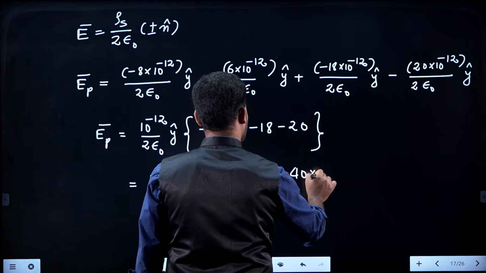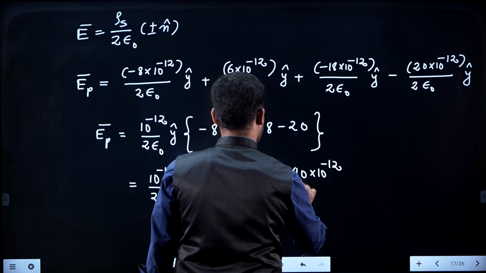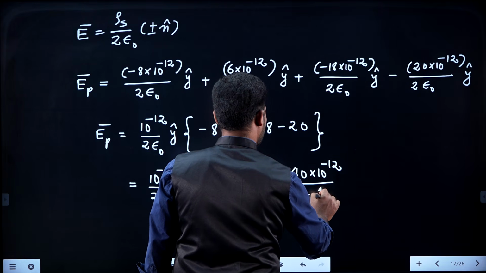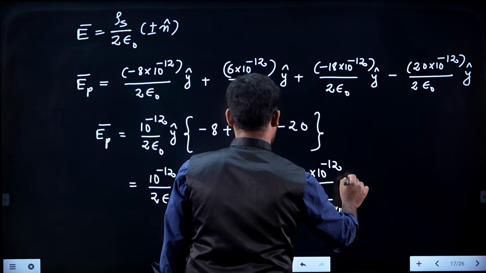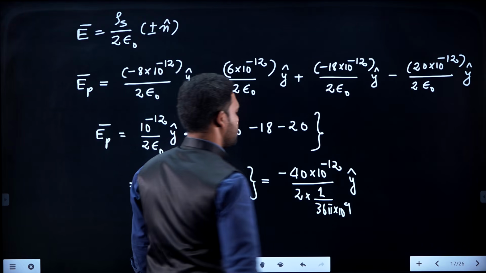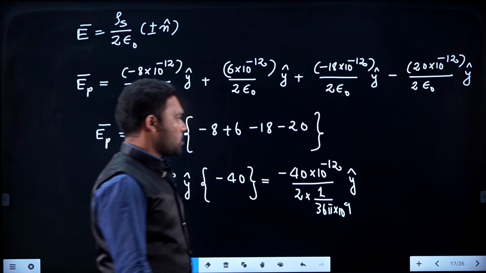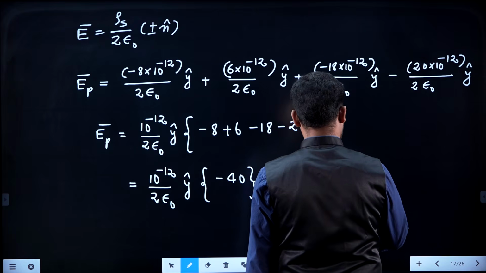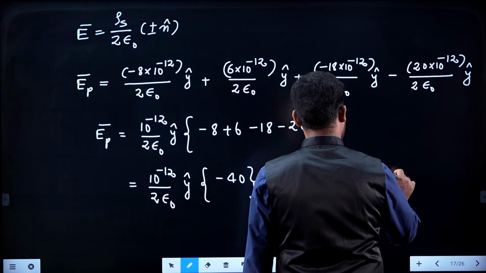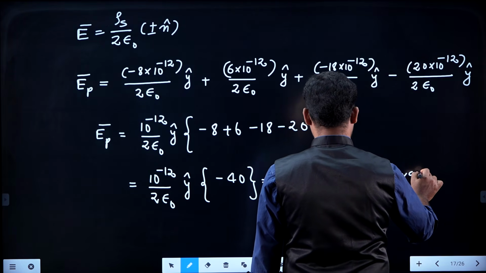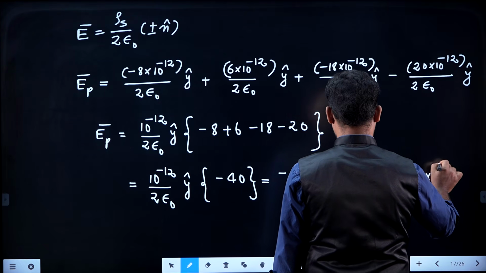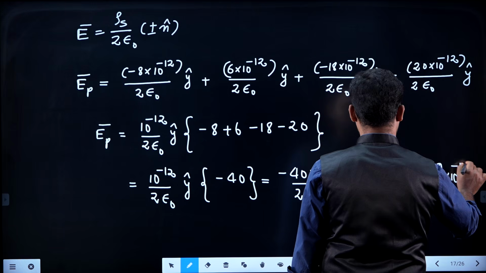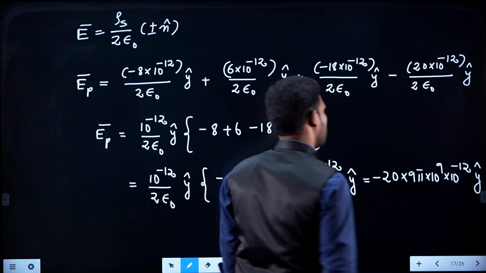So, it is minus 40 into 10 to the power of minus 12 divided by 2 into 1 by 36 pi into 10 to the power of 9 into y cap. So, it is minus 20 into 9 pi into 10 to the power of 9 into 10 to the power of minus 12 into y cap.